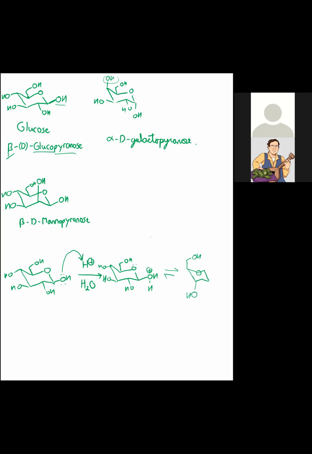The C3 is axial instead of equatorial. It's glucose, so everything's axial. And the C1 is also axial. So what I want to do is zoom in on this site over here. What we see there is we have the oxygen and we have the OH.